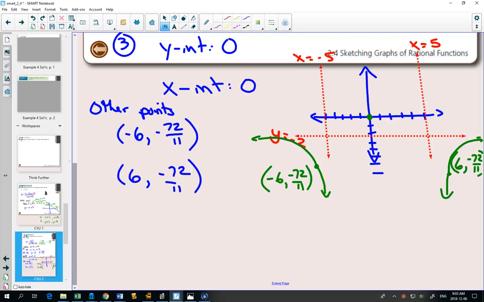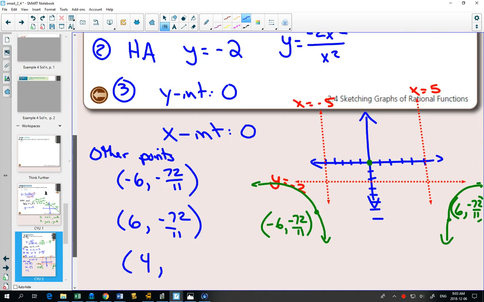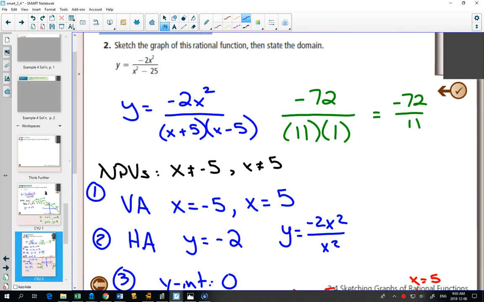But if we choose a value close to our asymptote, we might get an idea of what's going on. So for example, I figure out what's happening at +4. Again, whenever you're in doubt, find more points. Plug in more values, find out what's happening with the graph.